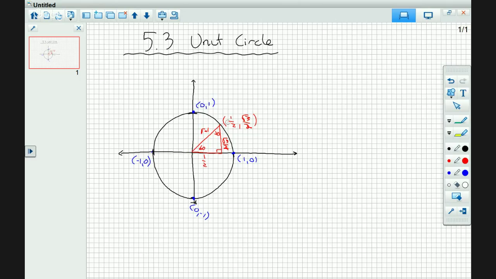You betcha. This here gives us a cosine value and a sine value for 60 degrees. This is the cosine of 60, and this is the sine of 60. That's what the unit circle is going to start telling us: these cosine and sine values.